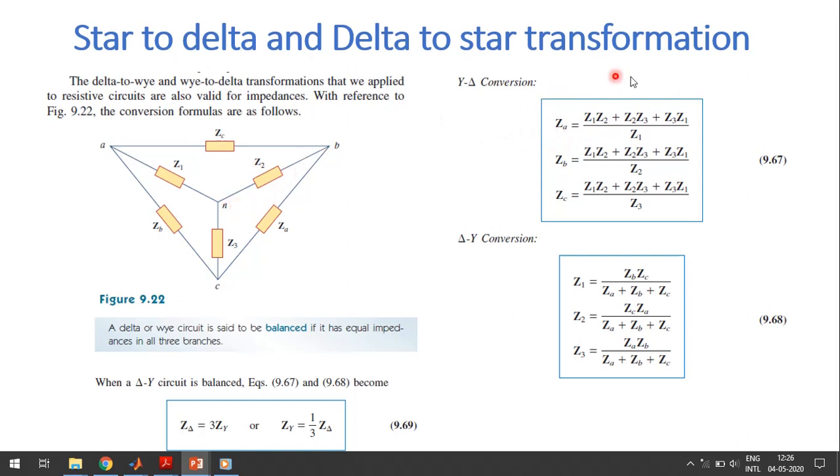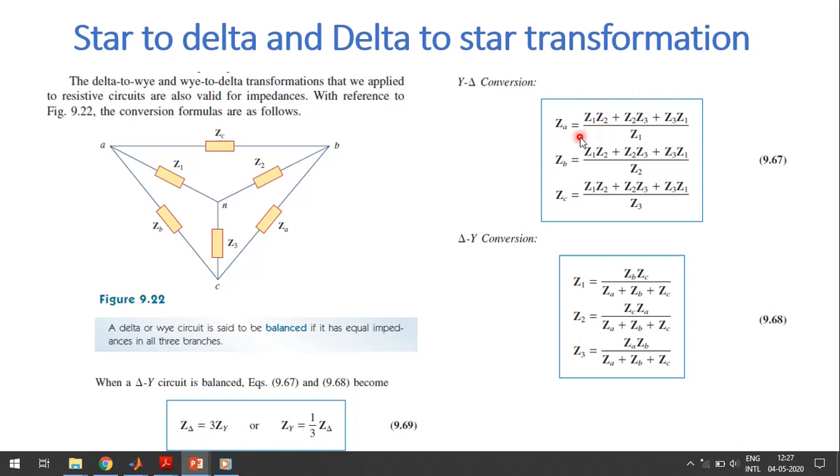The formula is: any impedance in a delta circuit is equal to the sum of product of all possible combinations of star impedances divided by the opposite impedance in a star circuit.